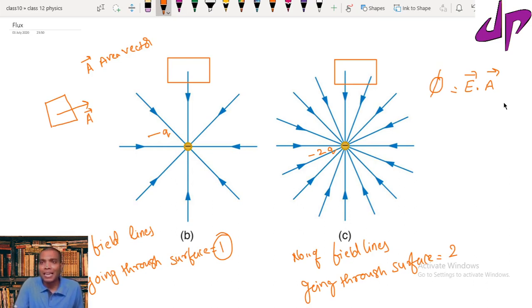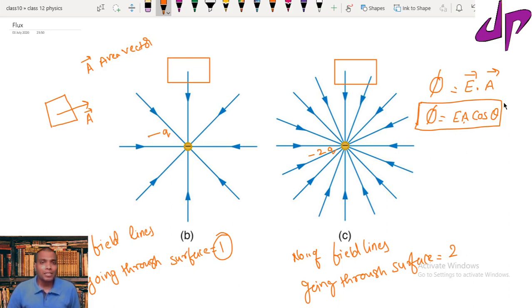E bar means electric field, it's a vector, and A bar is area, it's a vector. The dot product of two vectors, or precisely we can write flux phi is equal to E times A cos theta. Here theta is the angle between the electric field vector and the A vector. So this is the mathematical formula for flux.